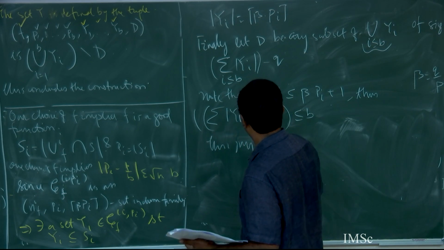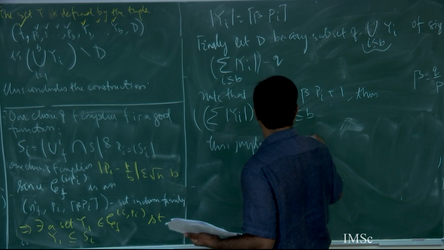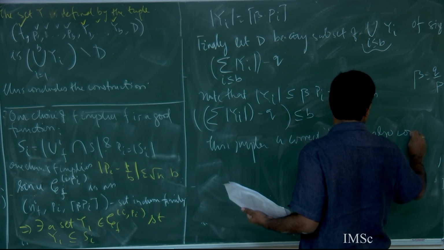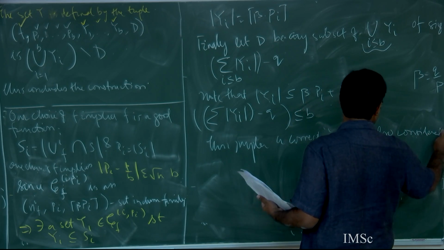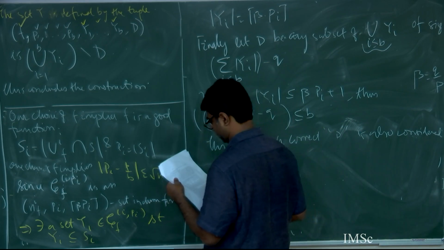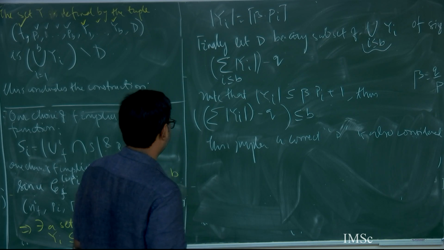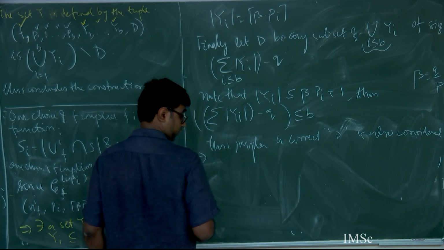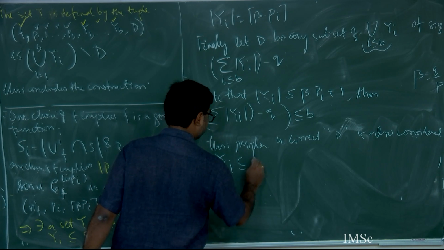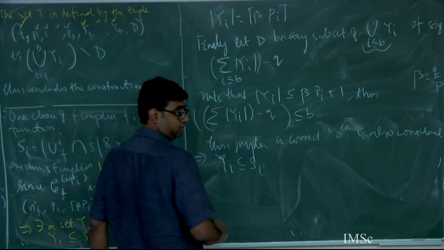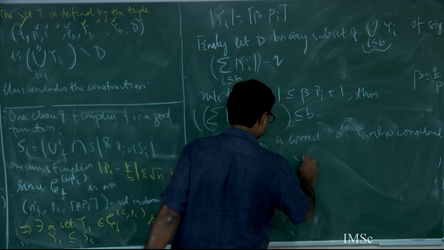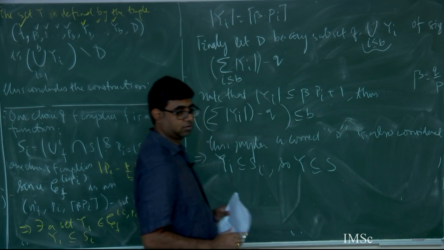This implies a correct D is also considered. So what does this imply? This implies that all yi, by our construction, are considered and are a subset of Si, and so y is a subset of S, right?